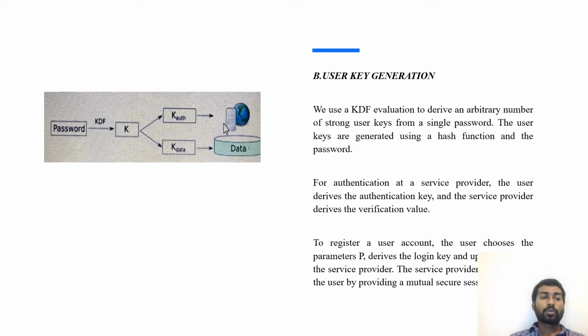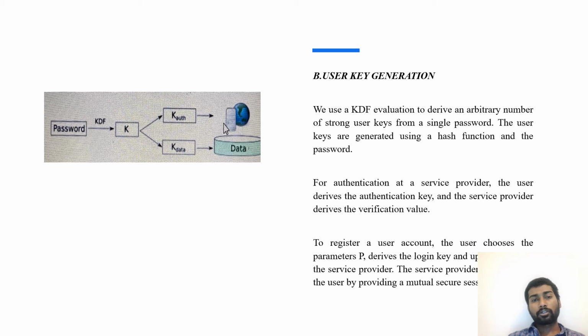Okay. So using KDF, the user derives a base key from the user password. From the base key K, an arbitrary number of user keys can be derived, such as K authorization and K data.